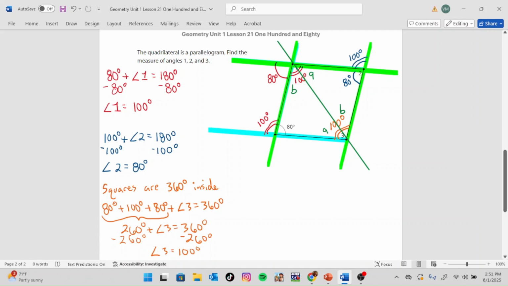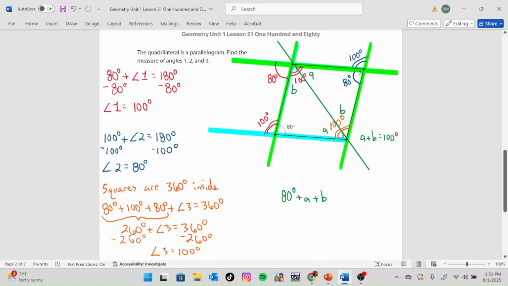So I have two triangles here, and I know that these triangles are going to be 80 degrees plus A plus B. Now, what I do know is that whether I look at this top left corner or whether I look at this bottom right corner, A plus B gives us the full 100 degrees.